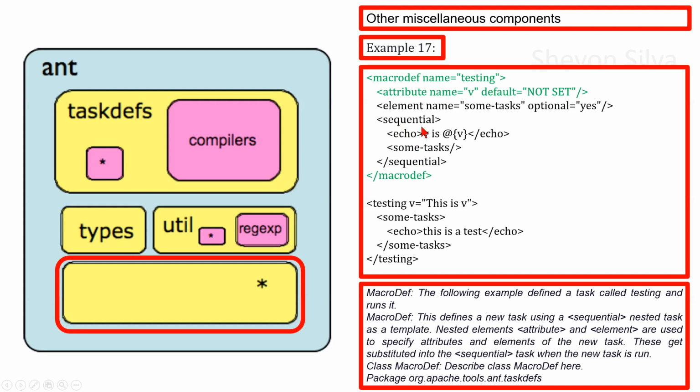Nested elements attribute and element are used to specify attributes and elements of the new task. This gets substituted into a sequential task when the new task is run.